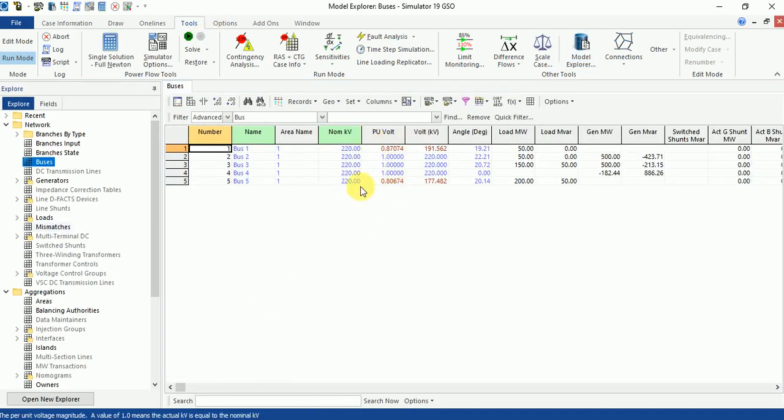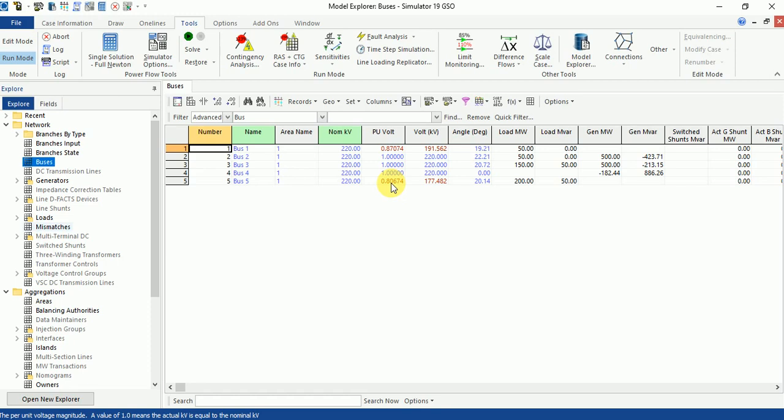So these are the parameters of this system. The red values show that the per unit voltage of the bus bar is below the allowable limit, which is 0.95 per unit.